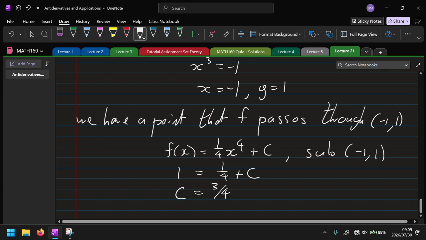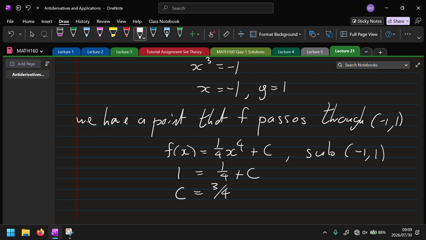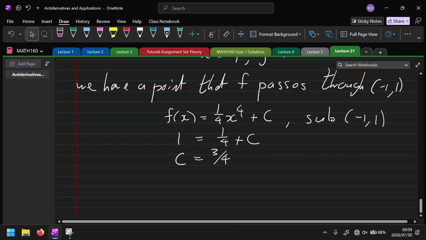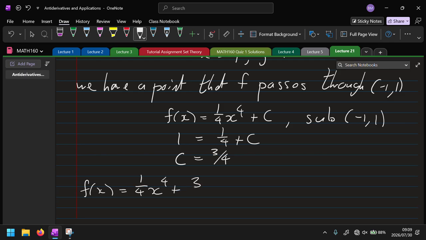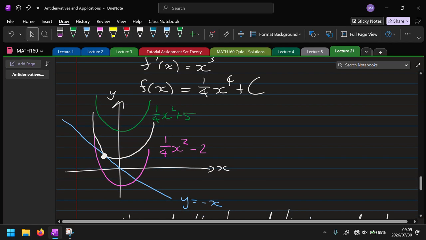So c must be 3/4. So we can substitute that back, and that gives us our function f. And again, this 3/4 that we got here, that's exactly the shift over here that we need.